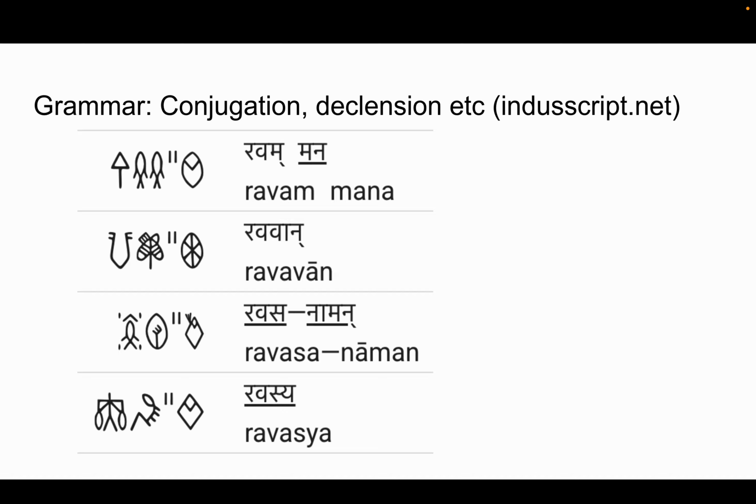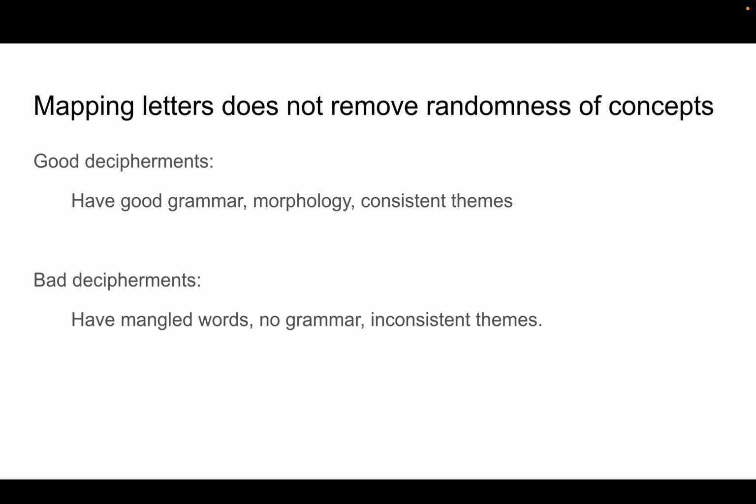So when you see different symbols that are assigned completely independent values and they converge on the meaning, then your decipherment is likely to be correct. So, in summary, the mapping of the letters does not remove the randomness of concepts.